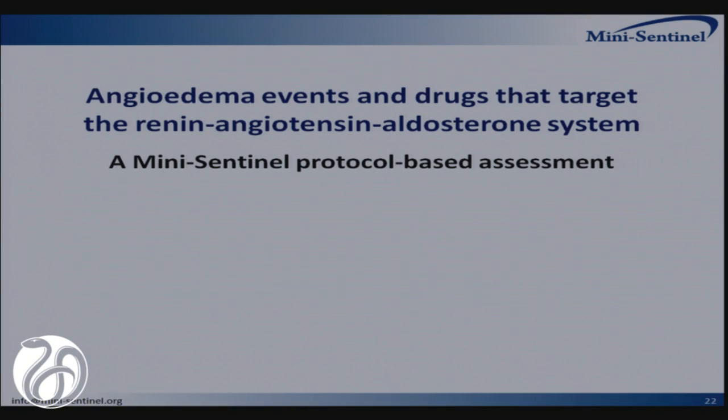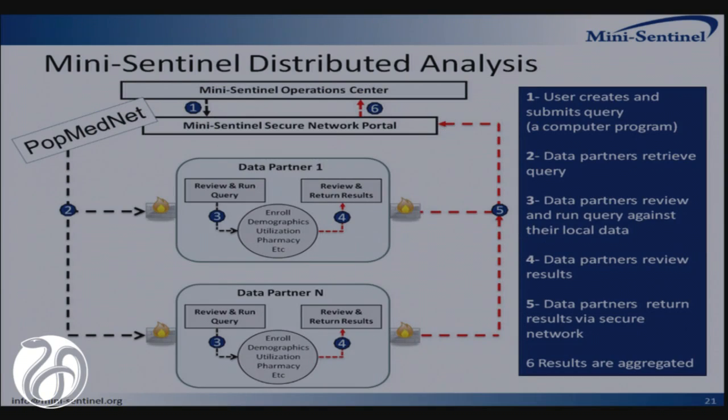And the data partner can stop every result before it comes back and inspect that result before returning it to the coordinating center. On the other hand, they can set the permissions so that one or both of those runs automatically, and depending on the kind of query, they sometimes do one or the other of them.